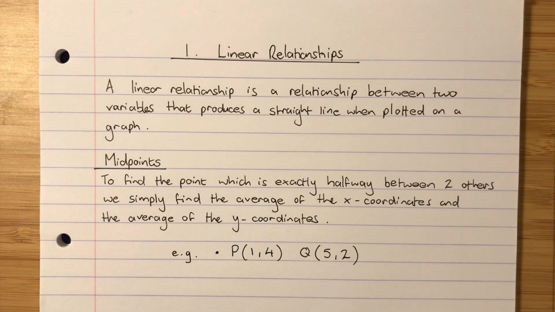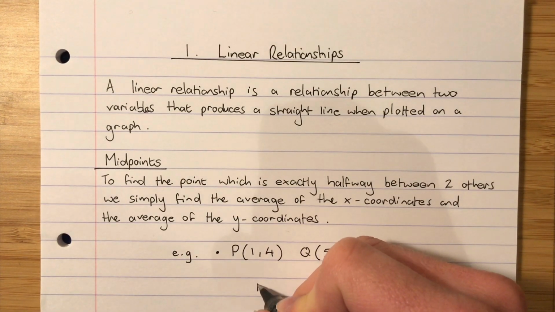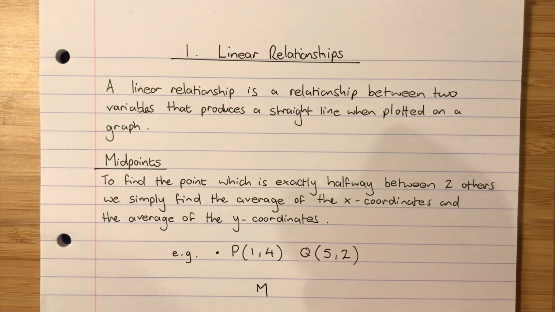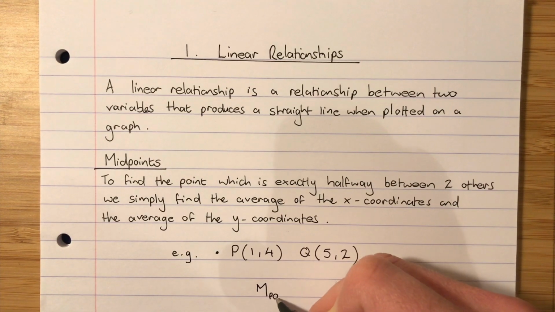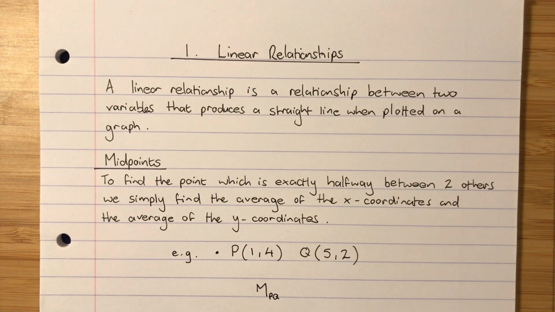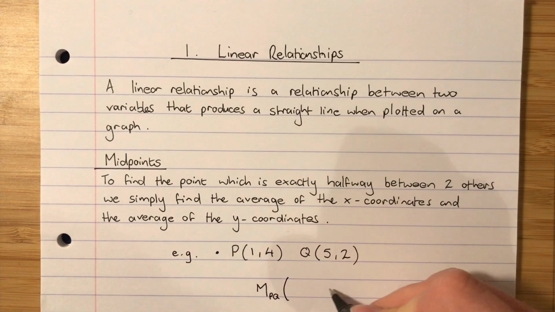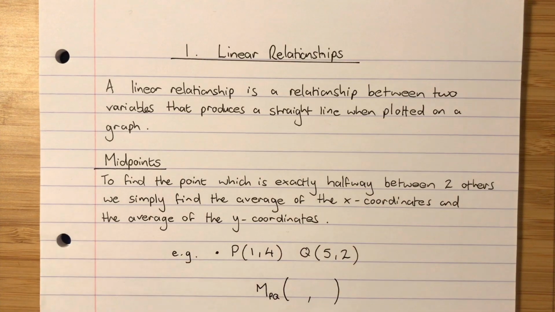Now we want to find the point which lies exactly halfway between P and Q. So the notation is capital M for midpoint, and then a subscript PQ, which tells us we're finding the midpoint between P and Q. Now conventionally we don't write the point equals, we just go straight to an open bracket and we can write our answer in here.